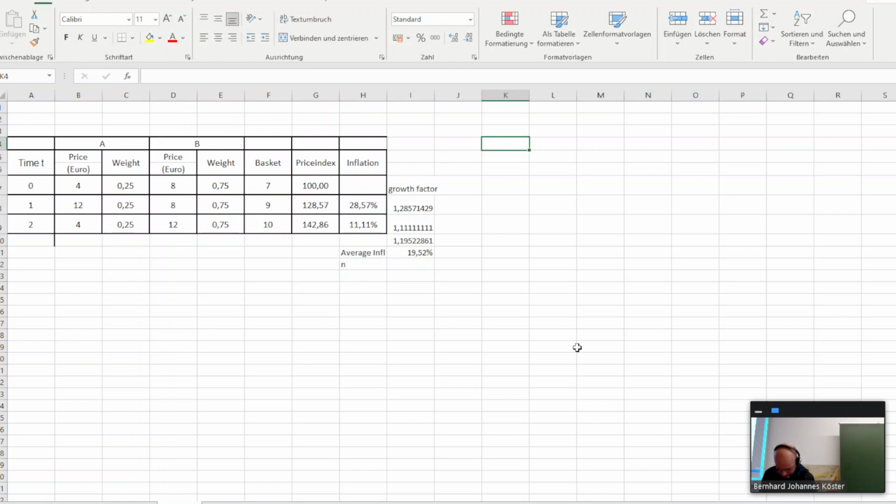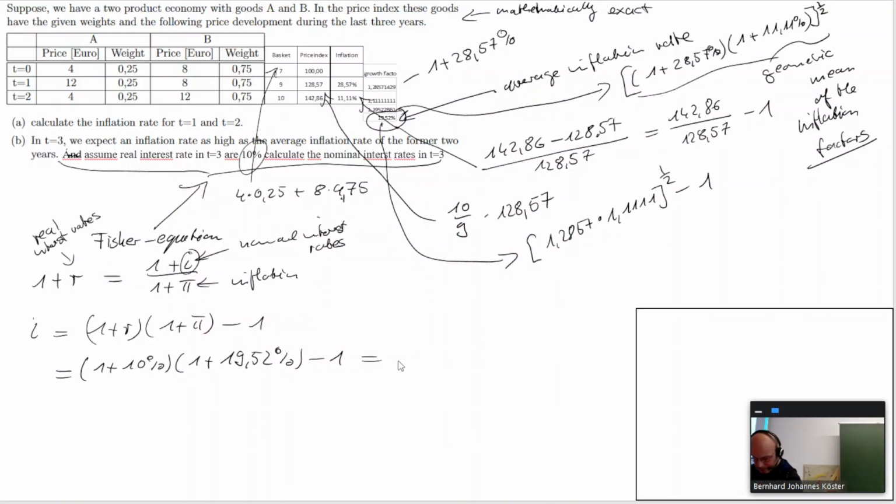Here I missed the brackets. And in percent, this is 31.48. Yes, this was the task.